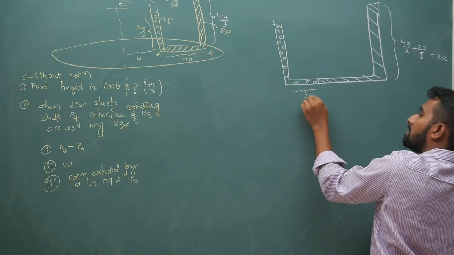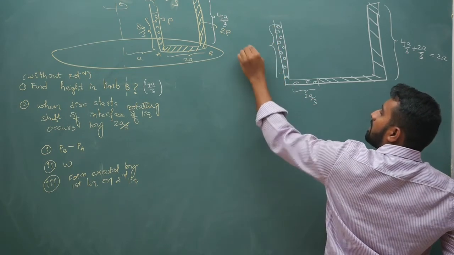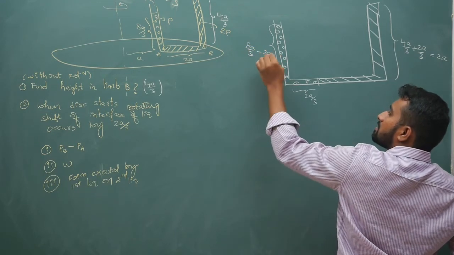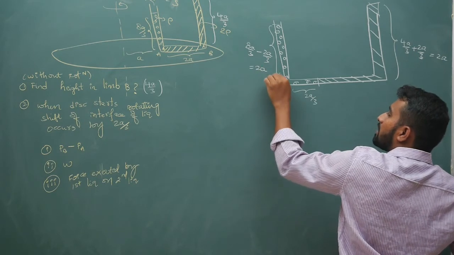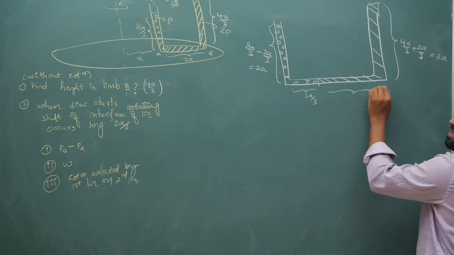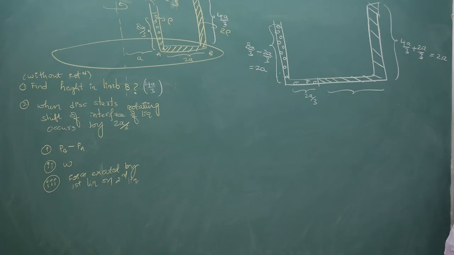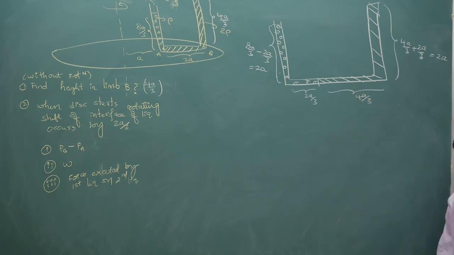If it is shifting by 2a by 3, this side the height will become 8a by 3 minus 2a by 3, that is 6a by 3, so totally 2a, it is becoming 2a here, right? And this total is mentioned as 2a, so 2a minus 2a by 3 will become 4a by 3.